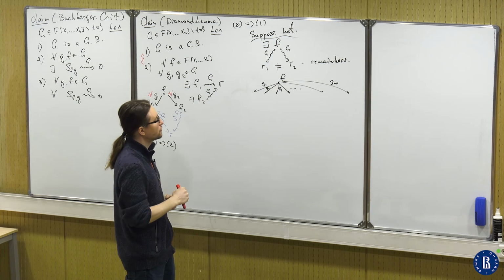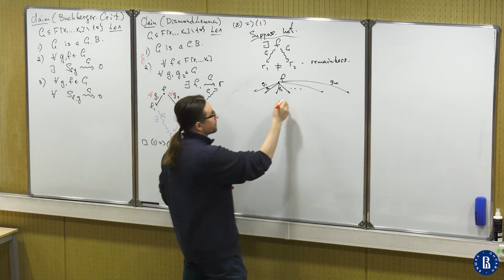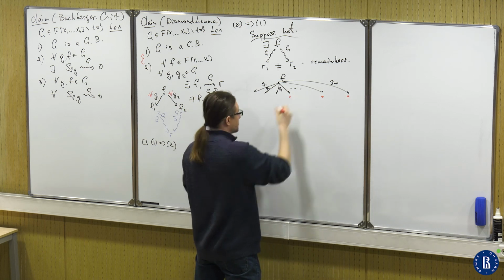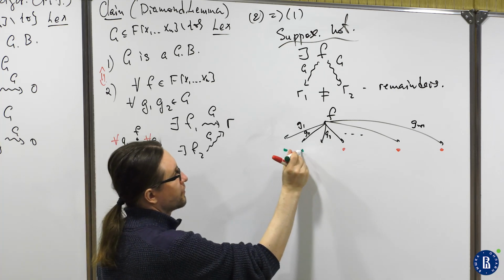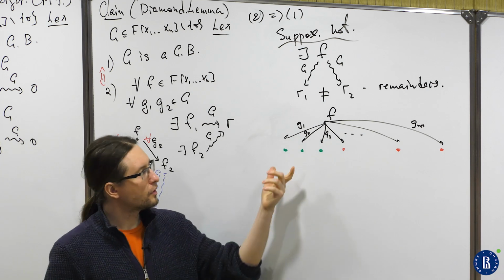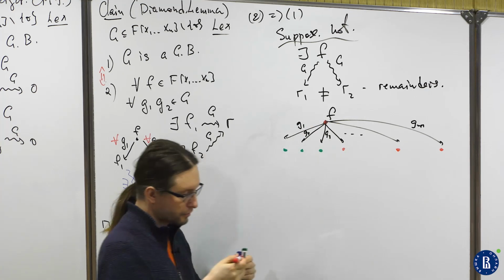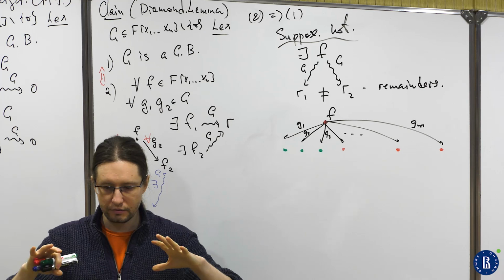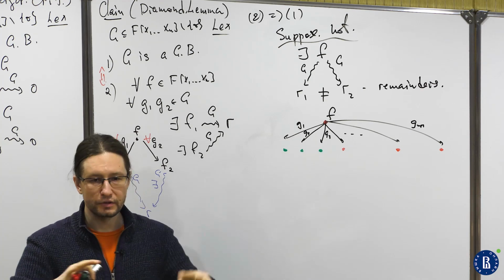Now, there will be two different types of polynomials. I want to mark them as follows: the red ones, the bad guys, and the green ones. Let me explain the difference. By the way, this one will also be a red one. Let me colorize all the polynomials by two different colors.